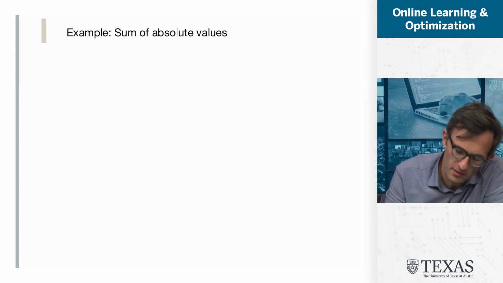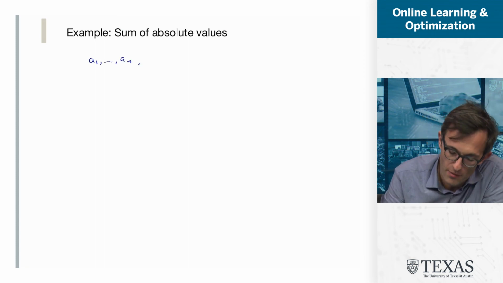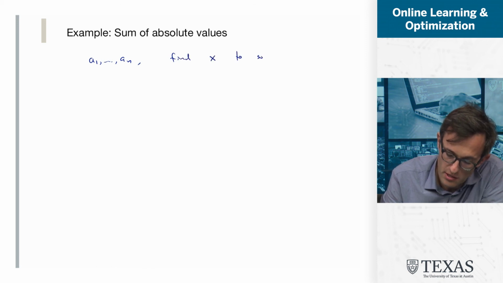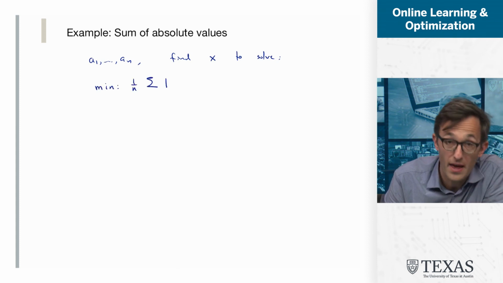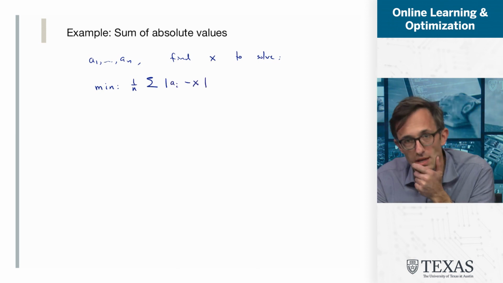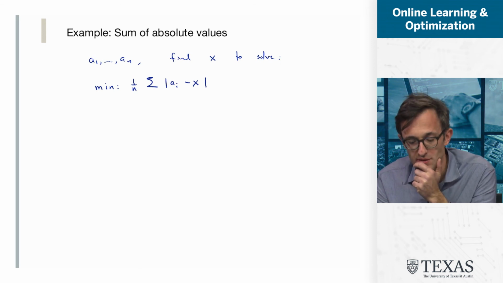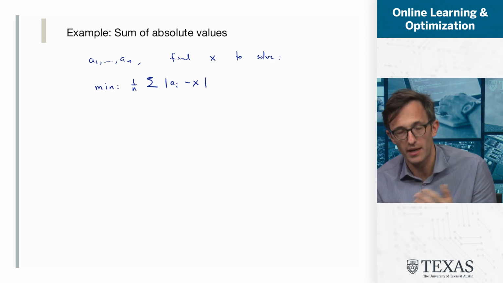Another simple example. I have a1 to an, and I want to find x to minimize 1 over n times the sum of the absolute values of ai minus x. So how do we do this? Can't take the derivative. This is very similar to my ai minus x squared, but I can't just take the derivative.